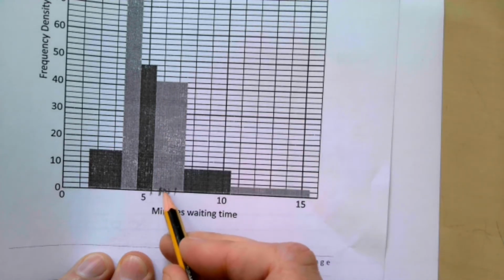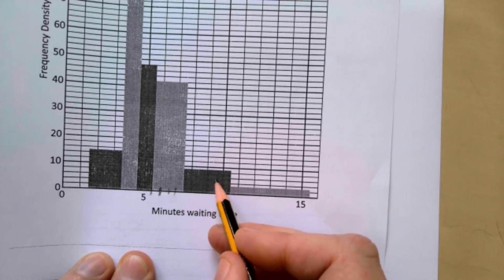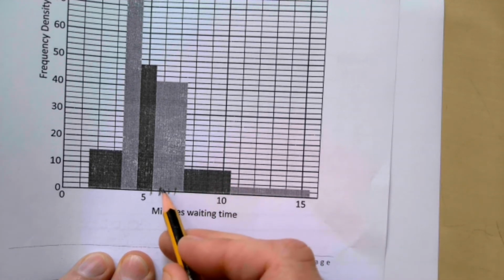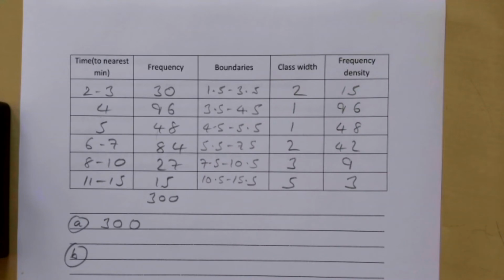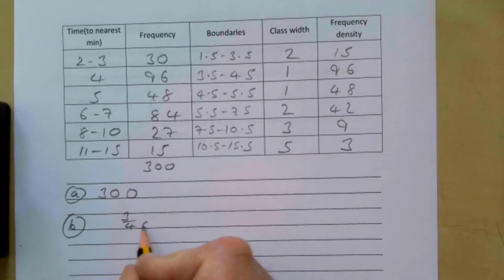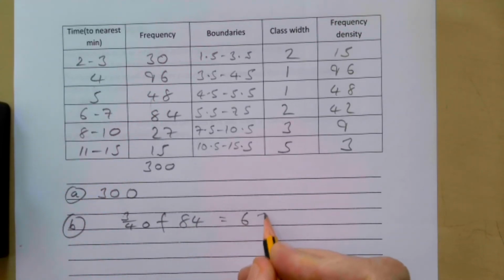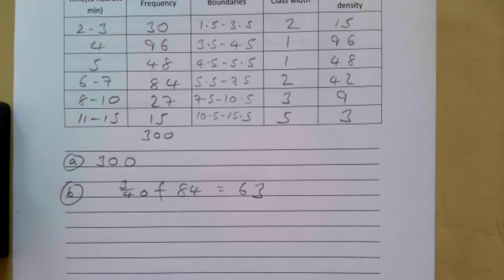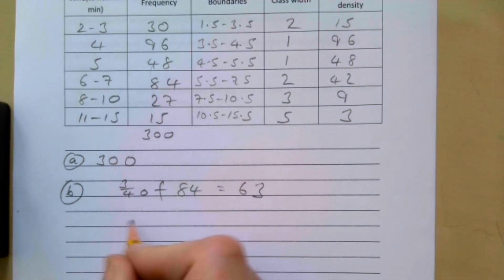So I want 3/4 of this group here, plus this group, plus this group. So I need 3/4 of the size of this group. That would be how many were estimated more than 6 minutes. So let's write that in. 3/4 of 84 is going to give you 63, and then 27 and 15.